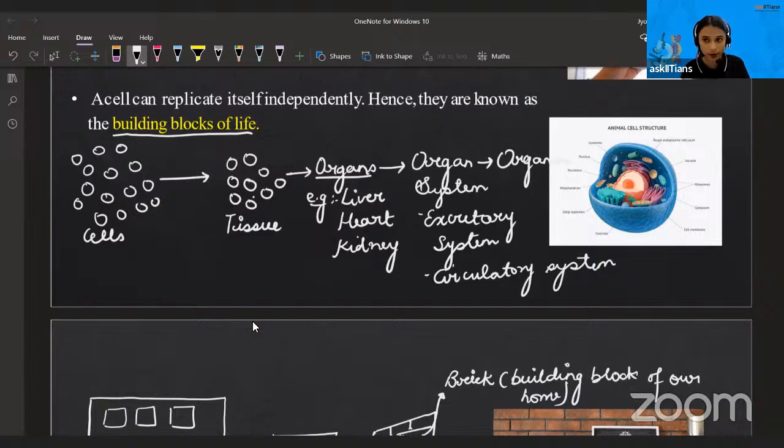These organs are performing those functions. Let's take the example of the heart. What is the function of the heart? The heart is responsible for circulation of blood. Now, this heart is an organ, and it is definitely made up of different types of tissues, and the tissues are made up of cells. That's how they have different levels of organization.